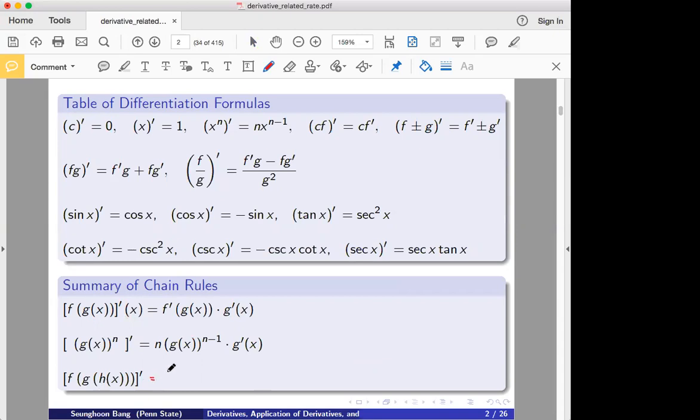This is the same as the outer function prime of the middle one and inner one, times the middle function prime of the inner function h, times the inner function prime. This is exactly the application of the chain rule.